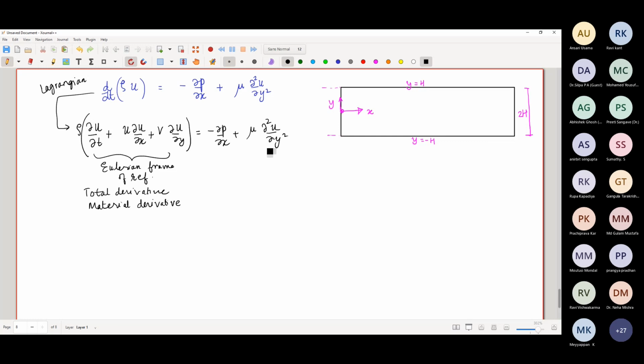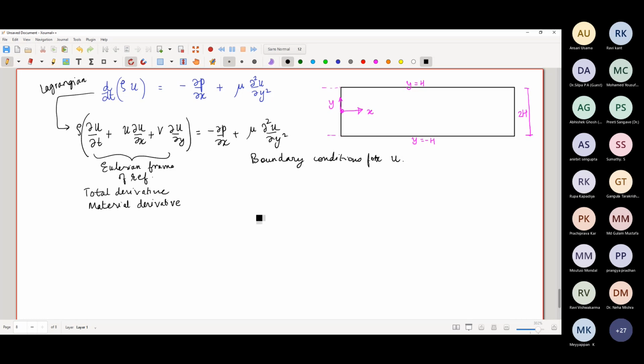Now, this is the governing equation. We also need the appropriate boundary conditions. We need the boundary conditions for the u component of velocity. Remember that the u component is the component along the x direction, whereas the v velocity is the component along the y direction.